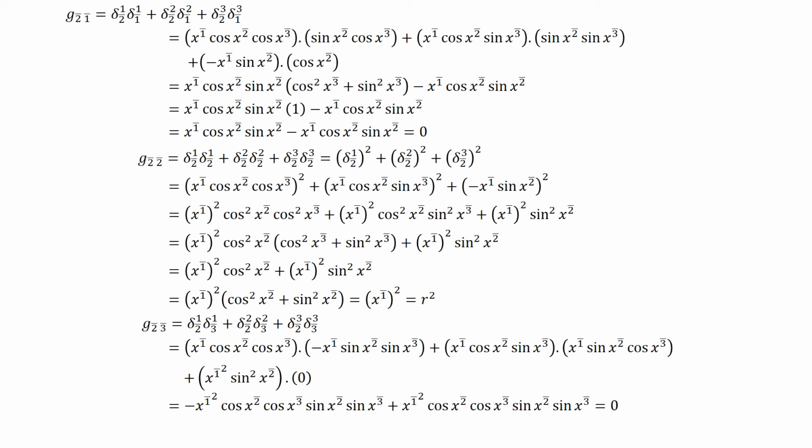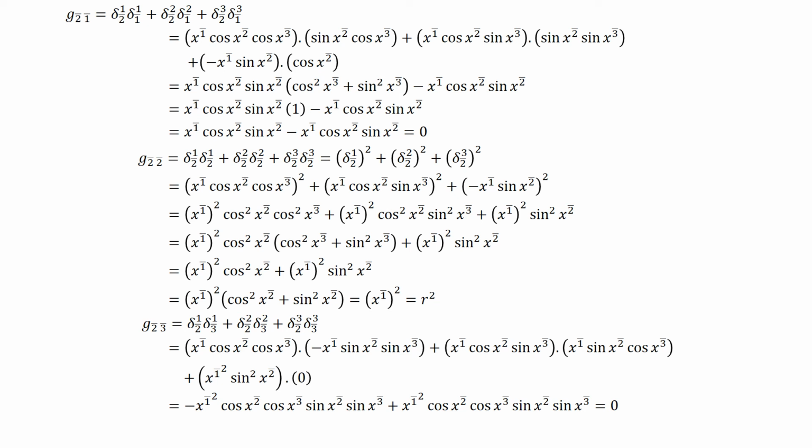2 bar means we are changing the parameters a bar b bar as 2 2 for each, so we get delta 1 2 bar square plus delta 2 2 bar square plus delta 3 3 bar square. So delta 1 2 bar square is equal to x1 bar cos x2 bar cos x3 bar square plus x1 bar cos x2 bar sin x3 bar square plus, in bracket, minus x1 bar sin x2 bar square.